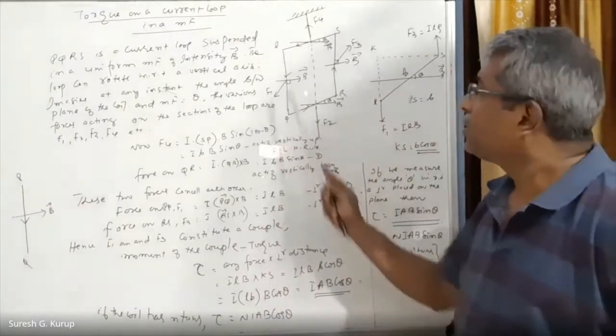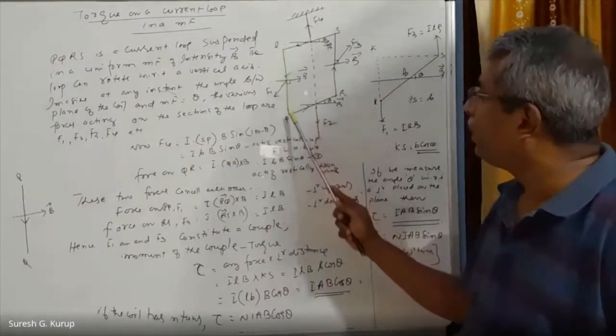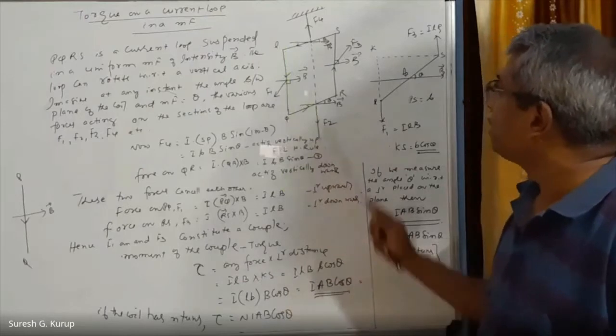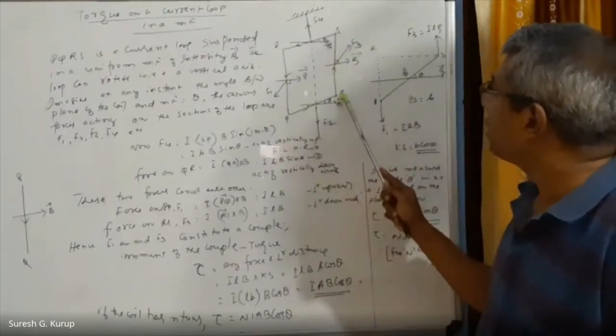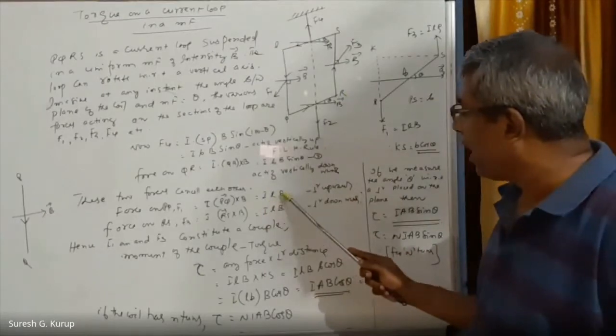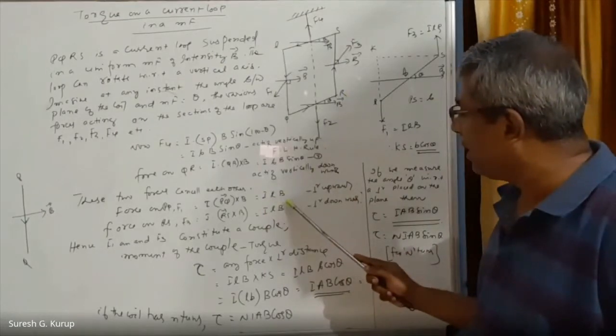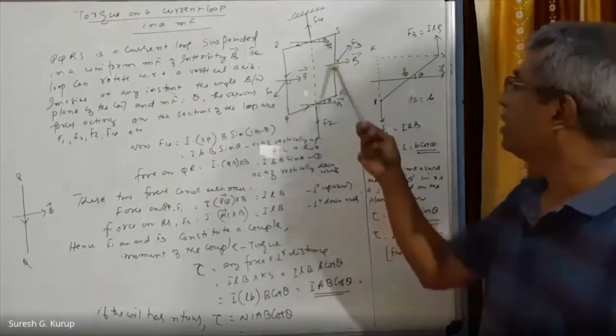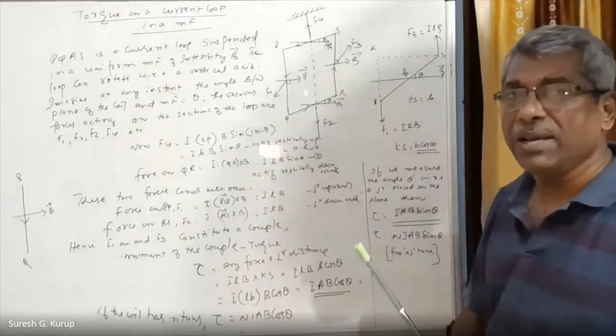Am I correct? So we have seen that at every point on the PQ section and every point on the RS section, the forces acting are equal in magnitude, ILB, but opposite in direction. This one you have seen in the upward direction. This one you see in the downward direction, right? How can we say that this is the downward direction?